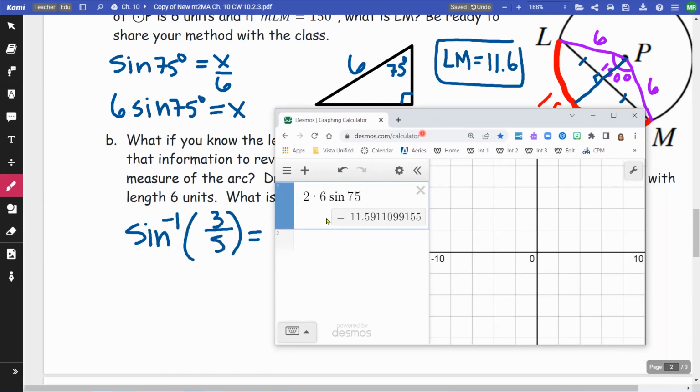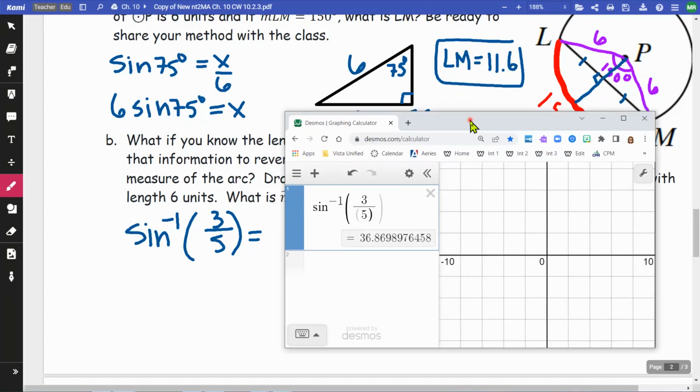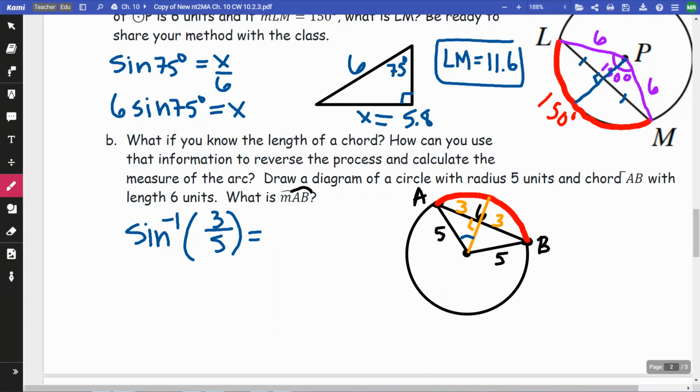So when I do that, I'm going to do sine inverse of 3/5, and I'm going to get 36.87, let's just say 36.9 degrees.